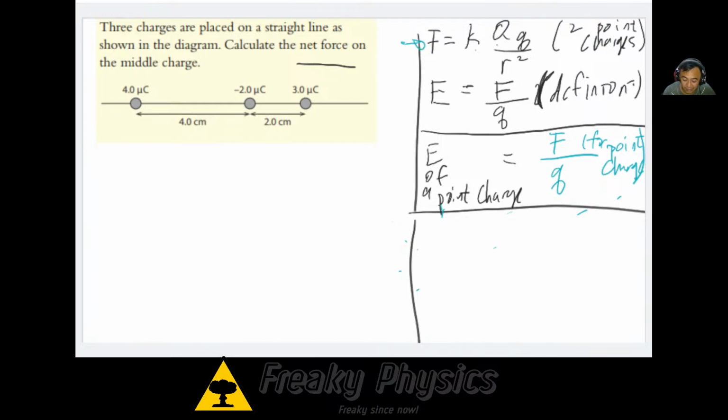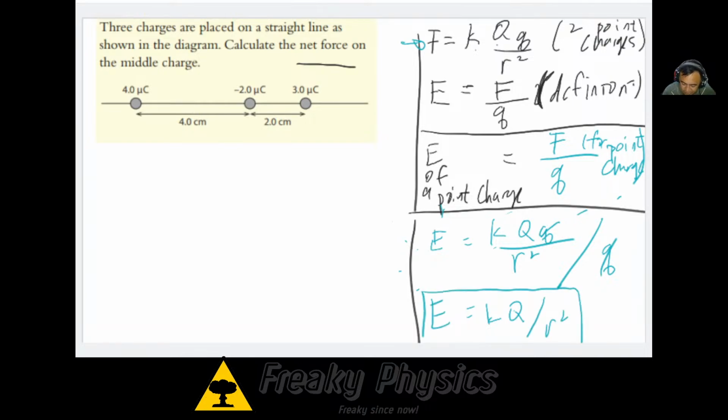All I'm going to do now is replace everything. So E equals F, which is now K big Q small q over r squared, divided by small q. That cancels out, and we're left with K big Q over r squared. And that's how we got the electric field equation for a point charge. And if you want to do the other point, you just use the other Q, exactly.